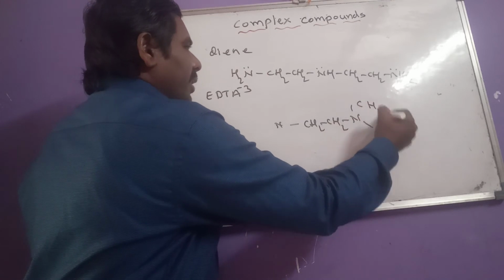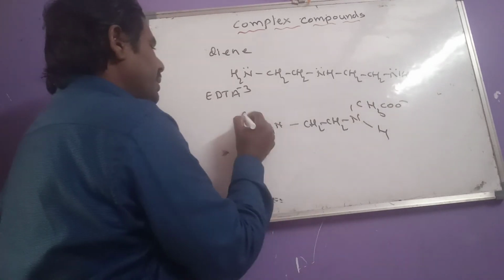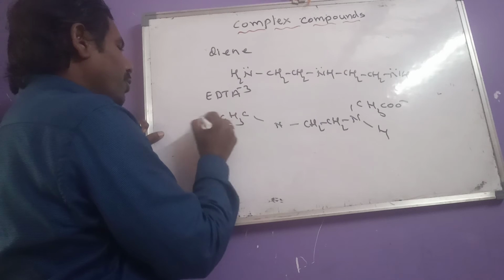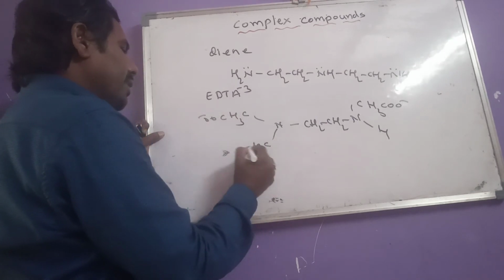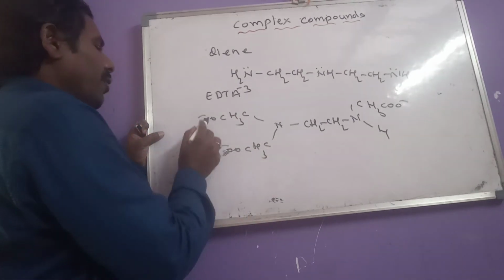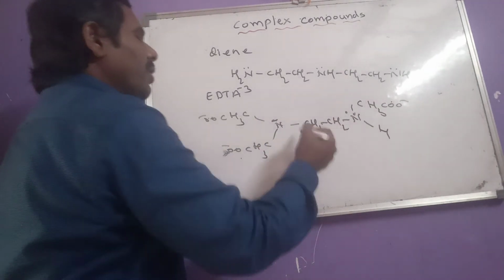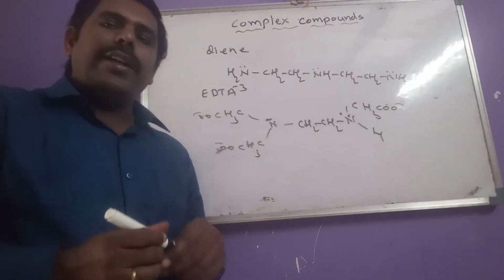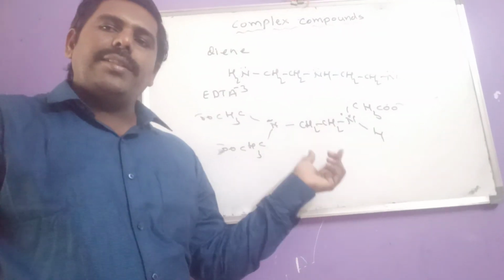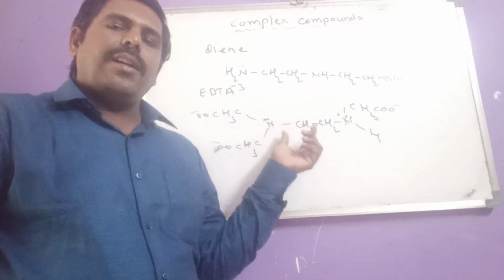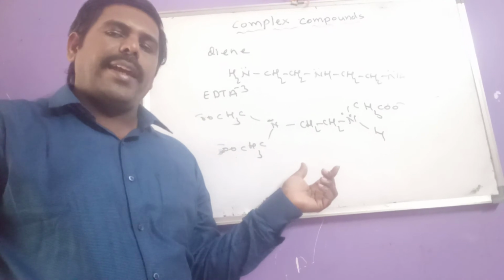Here we have to write CH2COO minus, CH2COO minus, CH2COO minus. 1 2 3 4 5. So it has 5 donor atoms. So this comes under which one? An example of pentadentate ligand.